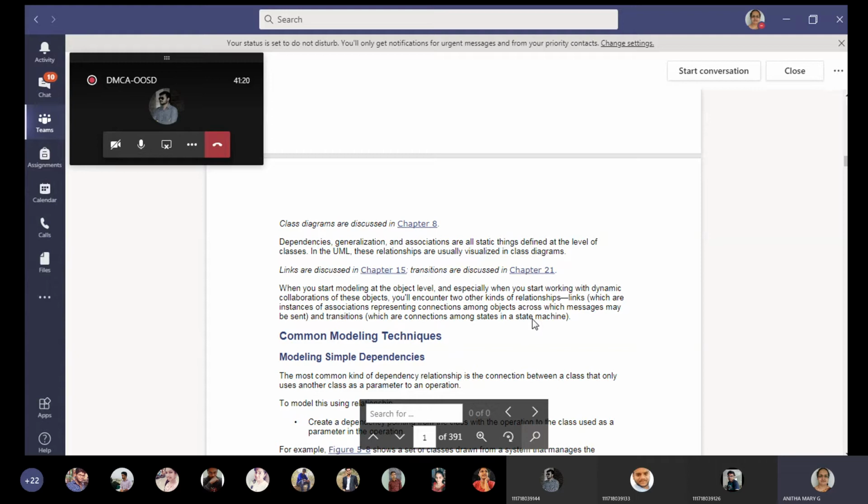Based on what you are connecting, the terminology will change. When two class objects are connected, we call it a link. When two states are connected, we call it a transition. Okay, so these are the other features under relationships. This is the first part of today's topic, and the second part is about common modeling techniques.